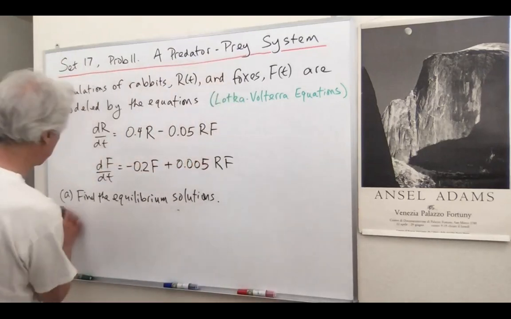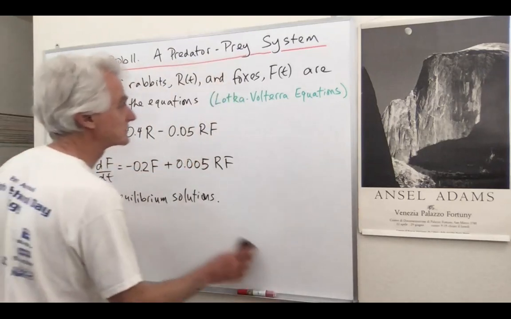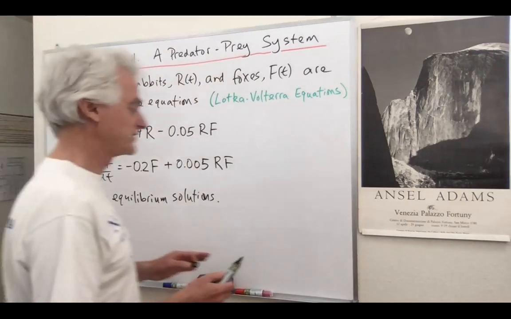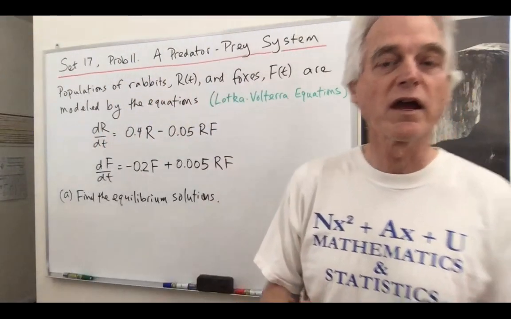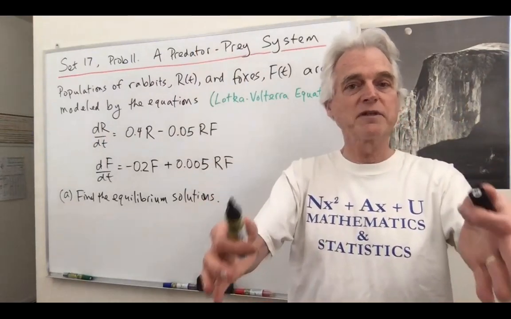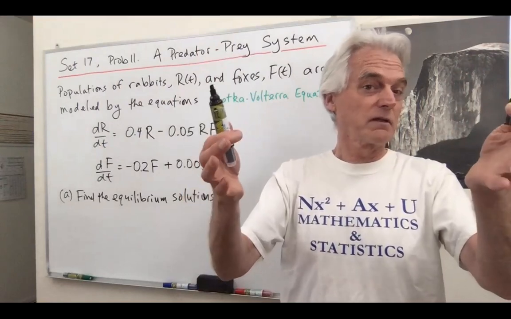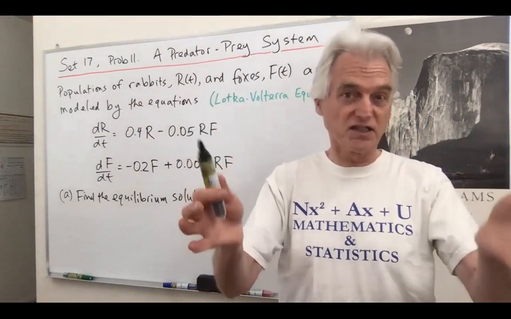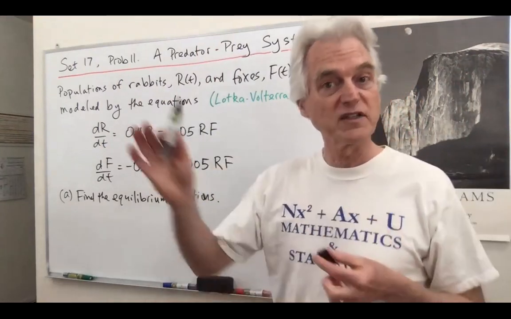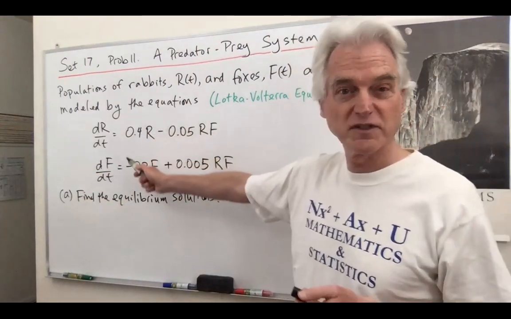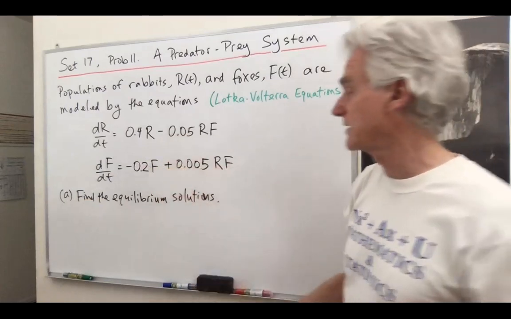Now let's think about the equilibrium populations. The equilibrium populations are the place where if there are that many rabbits and that many foxes, it will just stay put. The time rate of change will be 0. We've had this before with a single equation. We called it autonomous. This is an autonomous system, no explicit t in it.